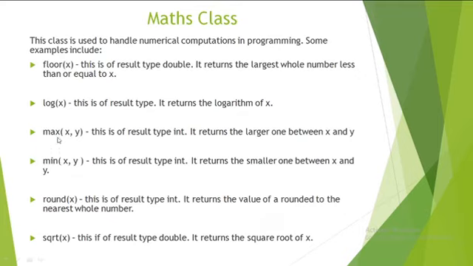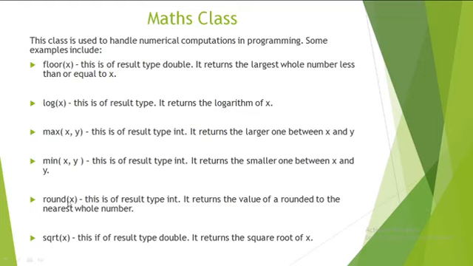So now max means that you put two numbers here, it gives you the result of which one is bigger. Minimum, you put some numbers to give you the minimum number, like which one is less than the other.